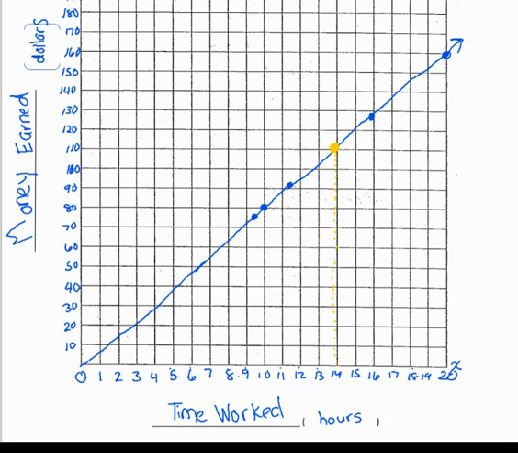What amount of money does that correlate with? Can anyone tell? 110? Yes, exactly. I think I heard a couple people say that. Once I hit the blue line, then I go over onto my earnings. So now I'm going to the left here, and I'm seeing that it correlates with about 110.